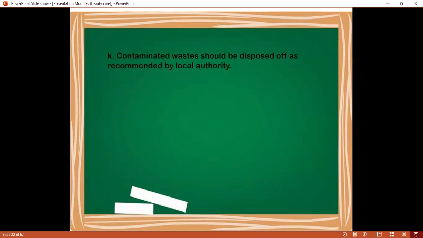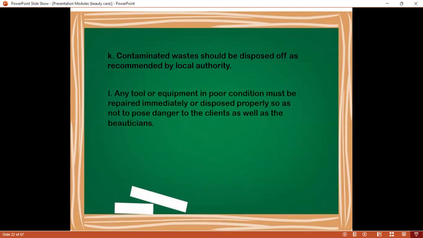Letter K, contaminated waste should be disposed of as recommended by the local authority. L, any tool or equipment in poor condition must be repaired immediately or disposed of properly so as not to pose danger to the clients as well as the beauticians.